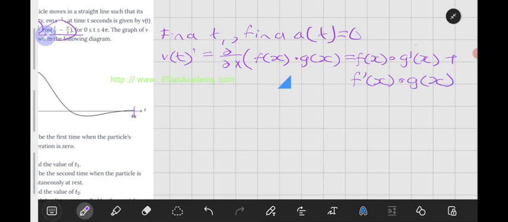So it's either way you want to do it. It's the derivative of the first function multiplied by the second function, plus the derivative of the second function multiplied by the first function.